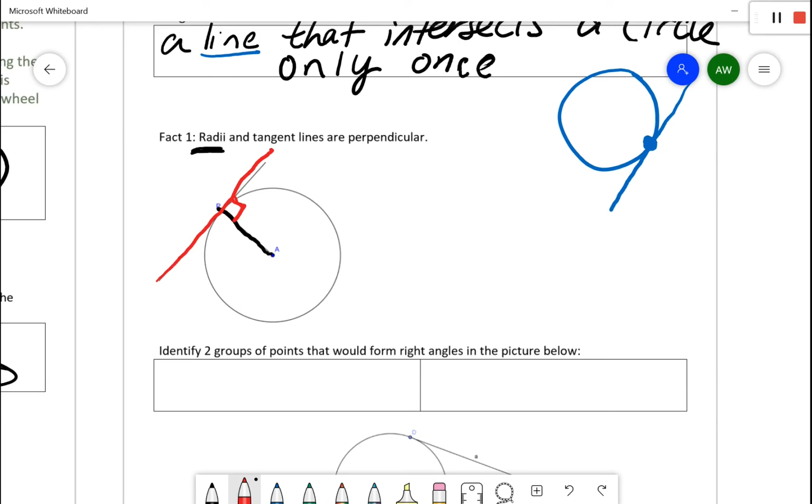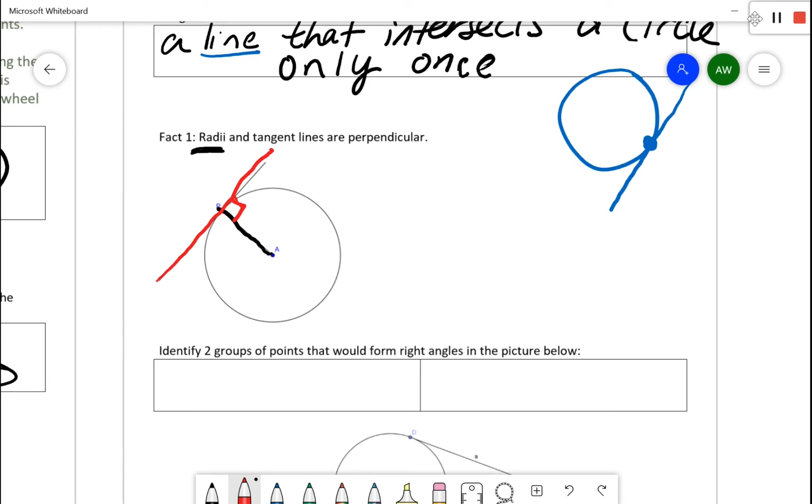Now you can look at that and say, yeah, it kind of looks like a right angle, right? And we could go through the proof that this is true. If we were in class right now, we would draw a circle with a compass, we would draw a radius, and we would draw a tangent line. And then we would measure the angle created by the radius and the tangent line.